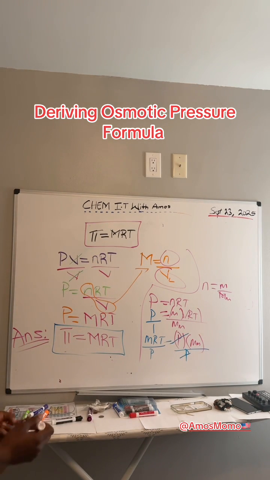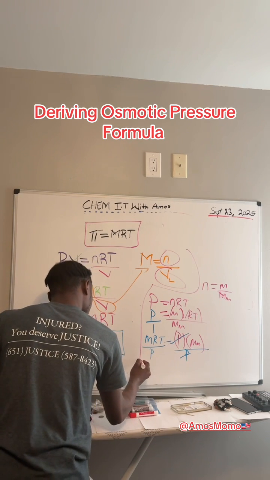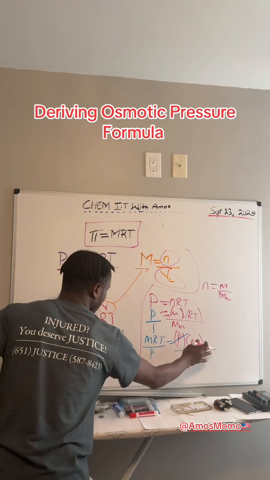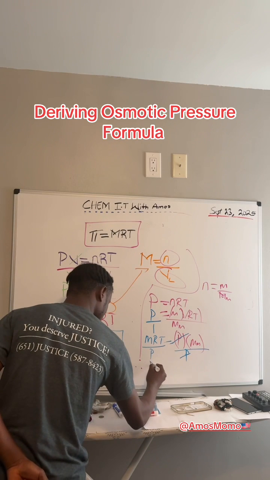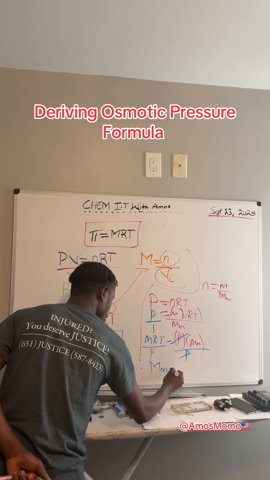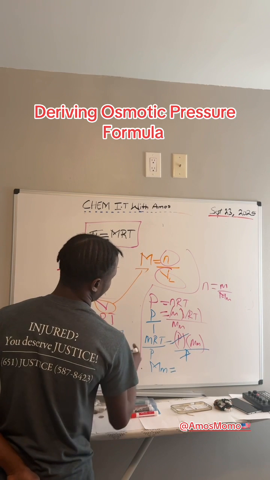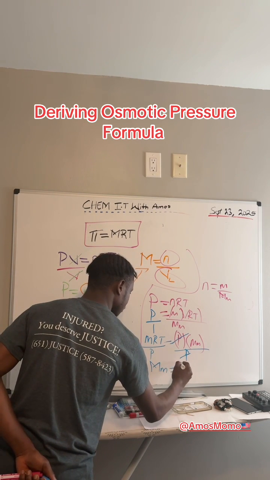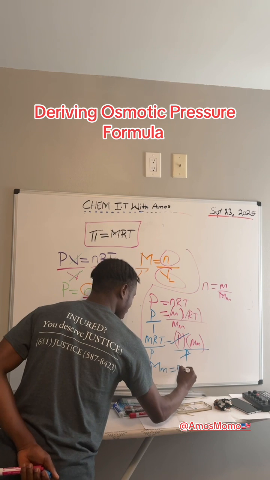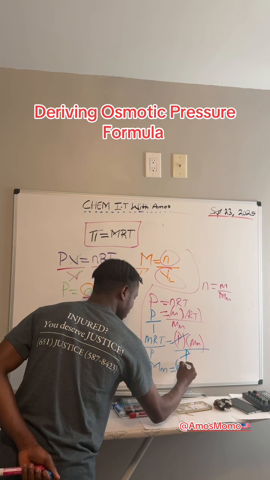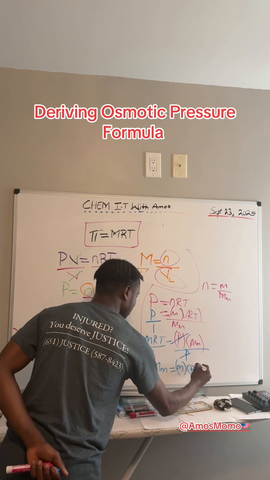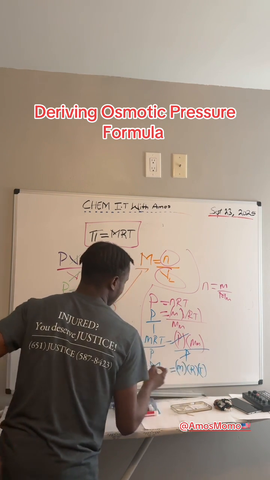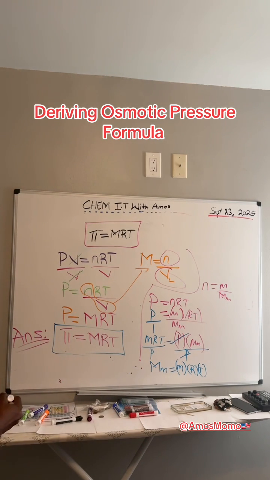So therefore, because it's on the side of the equation, we want to bring it to the front. So we say therefore molar mass is equal to mRT over P, where m is the mass. So this becomes the formula for molar mass.